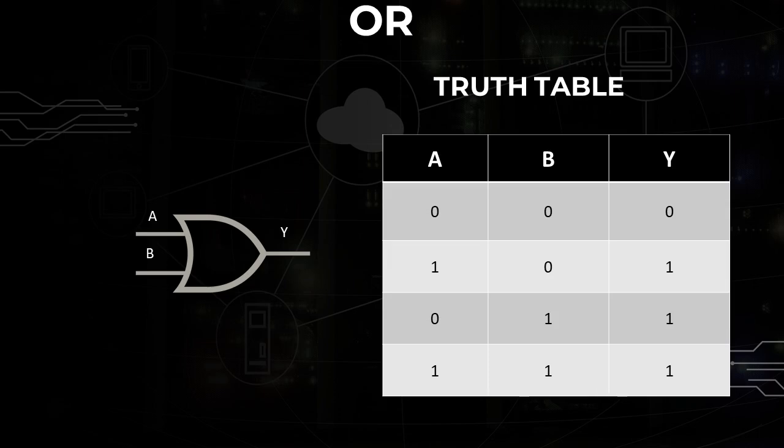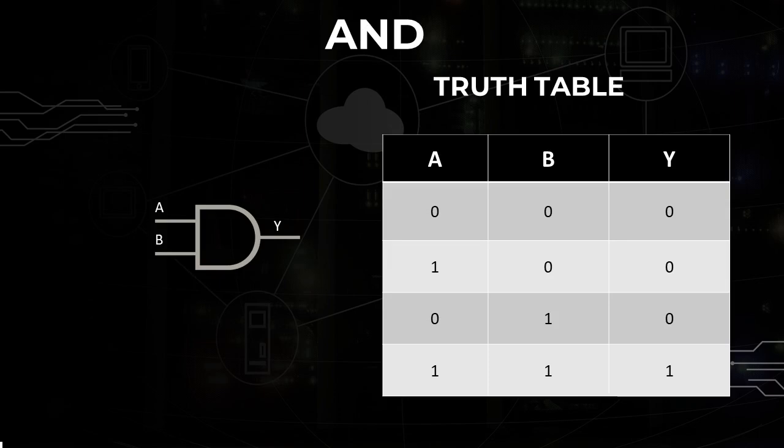The third input will be A equal to 0 and B equal to 1. Since there is a signal in one of the inputs, the output will be equal to 1. The final input will be A equal to 1 and B equal to 1. Therefore, the output will be equal to 1.